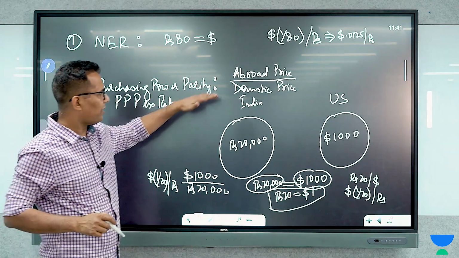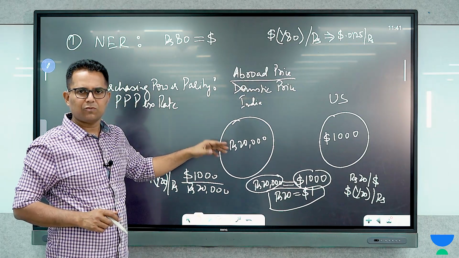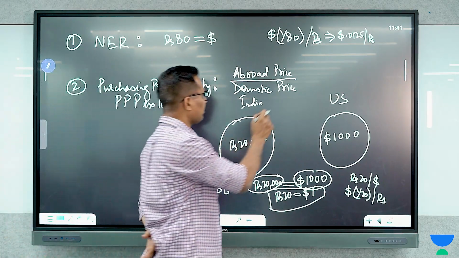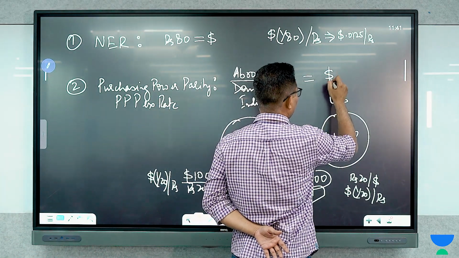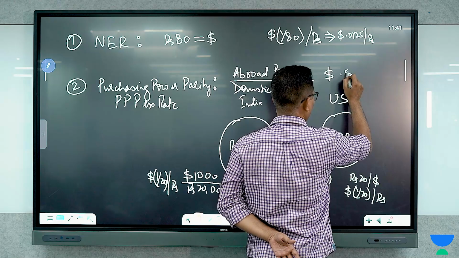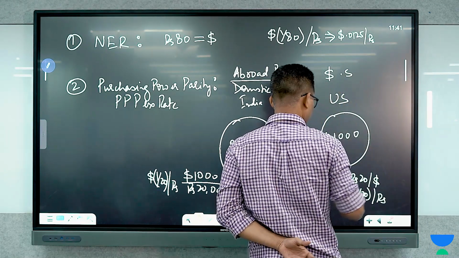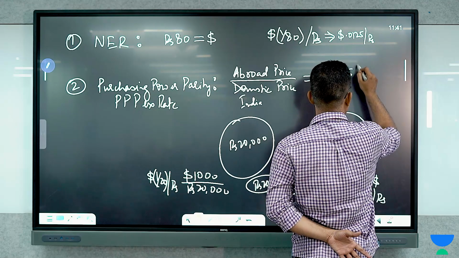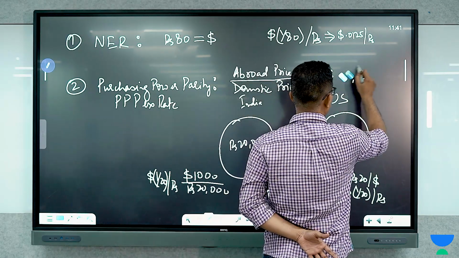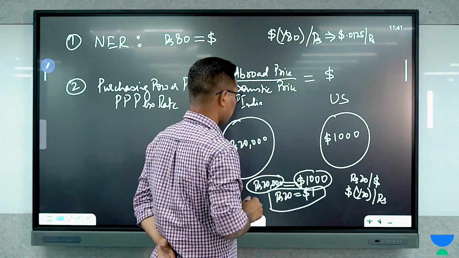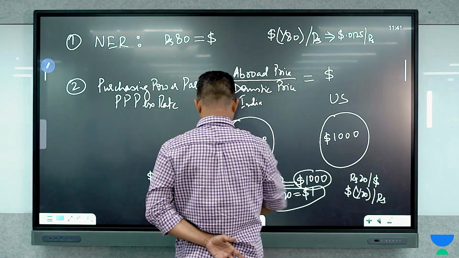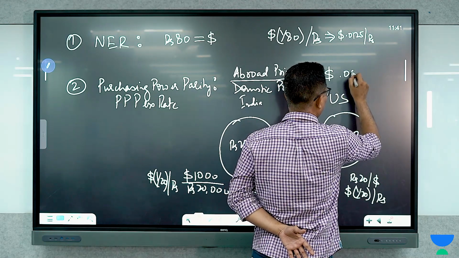So whenever you divide abroad price upon domestic price, whatever you get, that is basically the PPP exchange rate. So this becomes $0.05 per rupees.